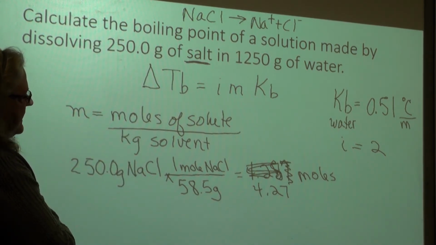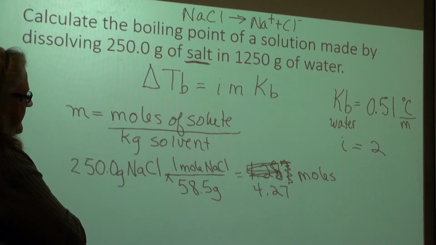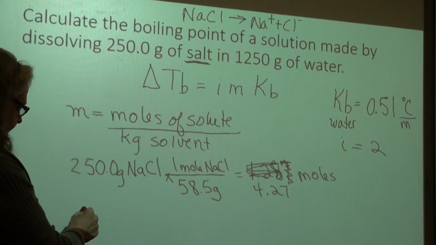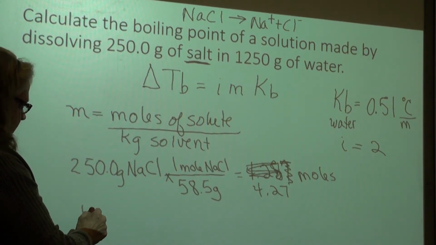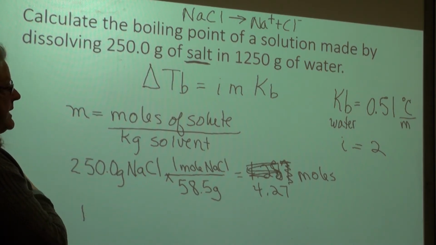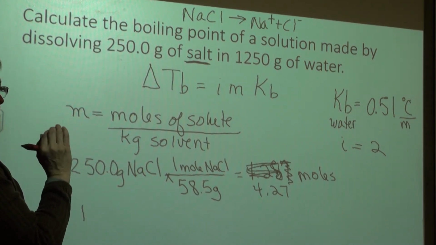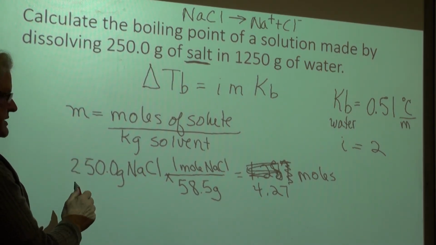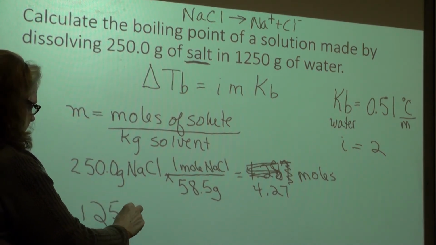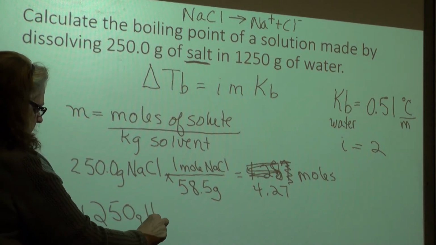All right, how about kilograms of solvent? How am I going to get that? 1,250 divided by 1,000. But what number am I starting with? What's my solvent, water or salt? Water. How much of that do I have? 1,250 grams of water.